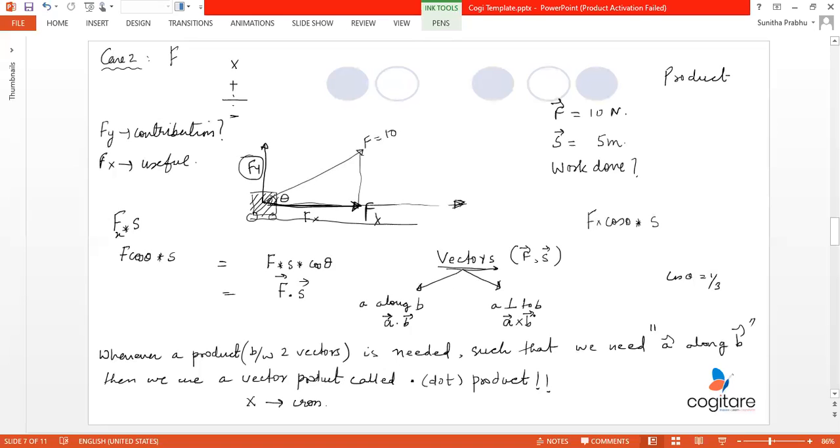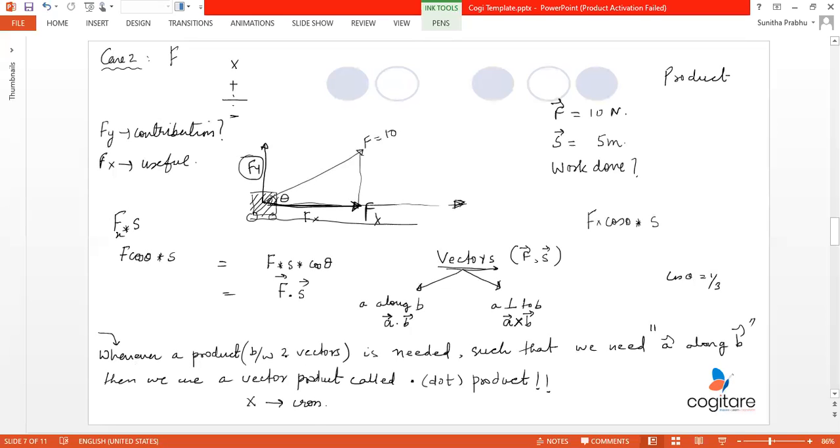When you use vector, vector and put this symbol in between, you call it A cross B. Kindly make a note of this. Pragati, can you please read this statement again?